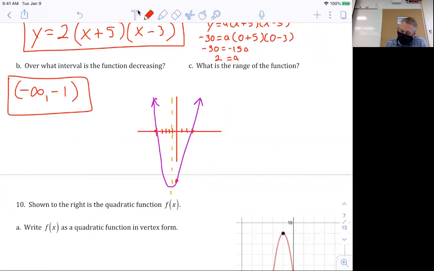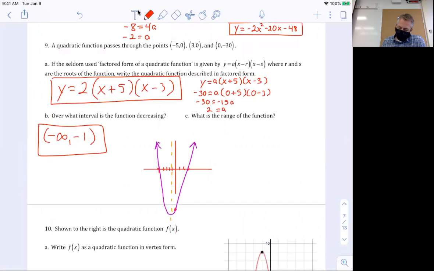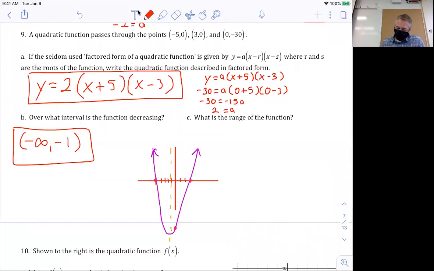And now to find the range of the function, I have to know what that y value is. To find it, I want to know the y value when x is negative 1. I could plug negative 1 into that equation.